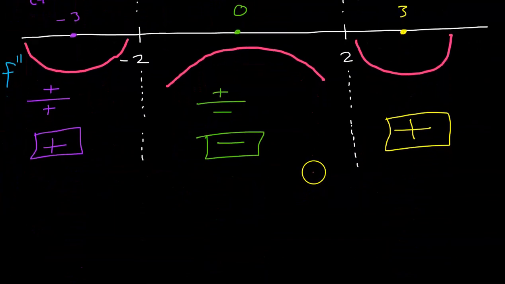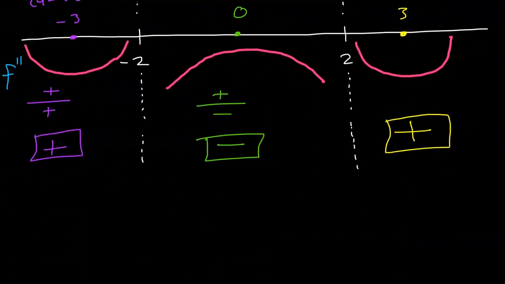So that is enough for us to go ahead and answer the question. We were looking for the intervals where the function is concave up and the intervals where the function is concave down.